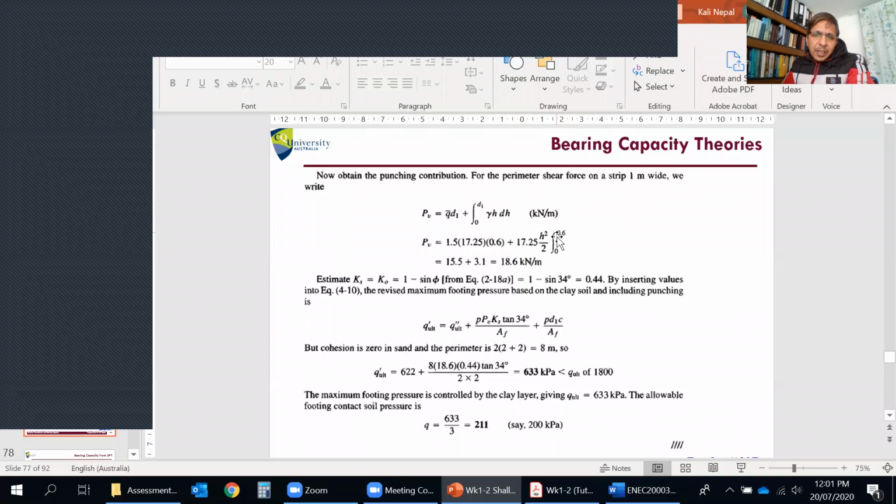First time you substitute h equals 0.6, and second time you substitute 0. When you do 0, that means it becomes all 0, isn't it? So can you put 0.6 and try? Can you do 17.25 times 0.6 times 0.6 divided by 2? You get this second part.